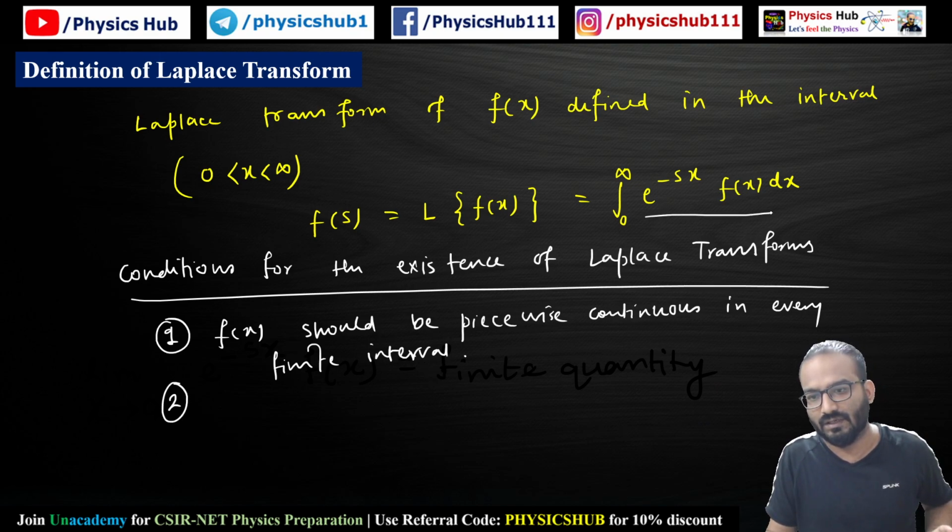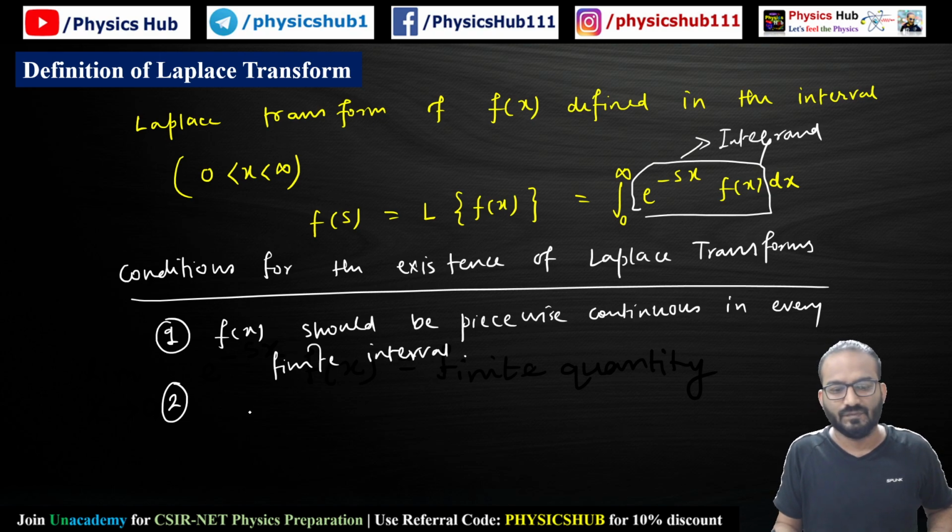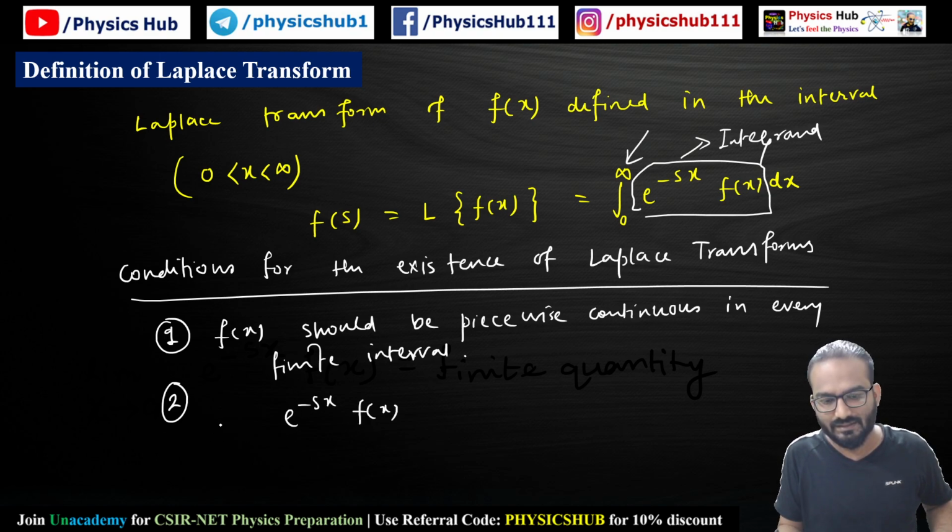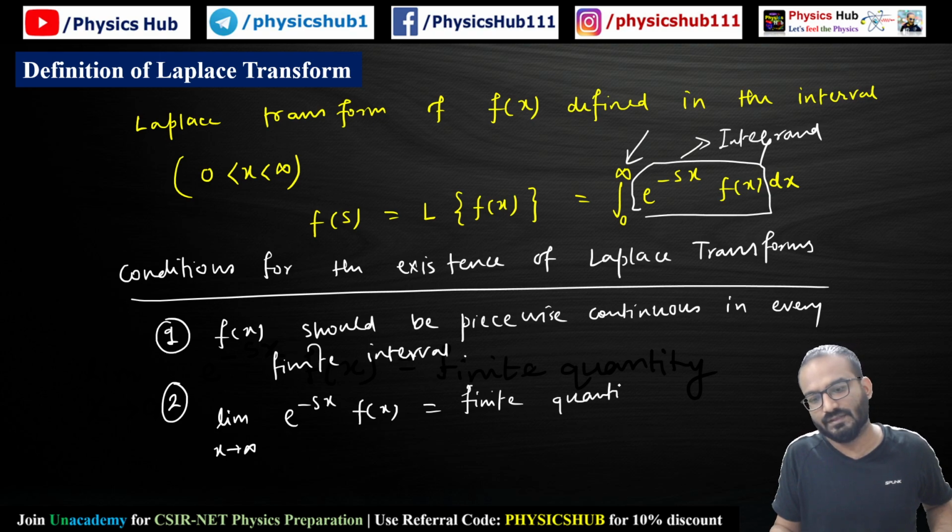What is this thing called? This thing is called the integrand. Number two, the integrand, e to the power minus sx into f of x, at the limit x tends to infinity, should be a finite quantity. If any function satisfies these two conditions, then you can say the Laplace transform exists.